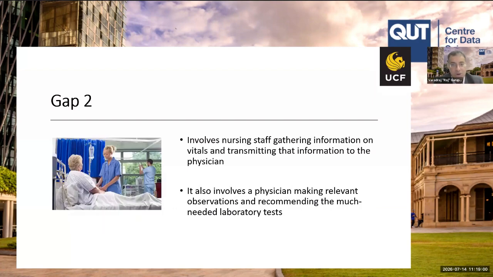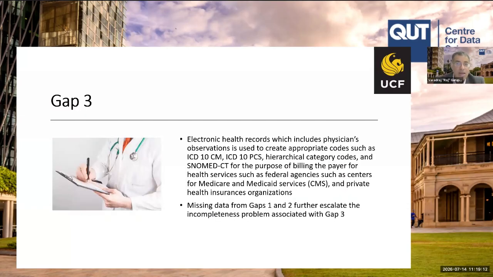And gap number 2, you have the nursing staff gathering the information, the vitals and all that. If there's anything missing over there, that could be gap number 2. Gap number 3 is maybe the doctor forgot to write something. Maybe the patient has diabetes and the doctor forgot to write that the patient is diabetic. Or maybe the patient has depression and the doctor forgot to mention the level of depression.